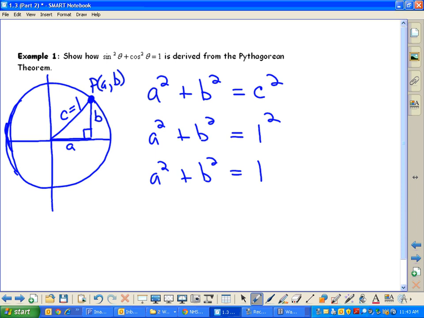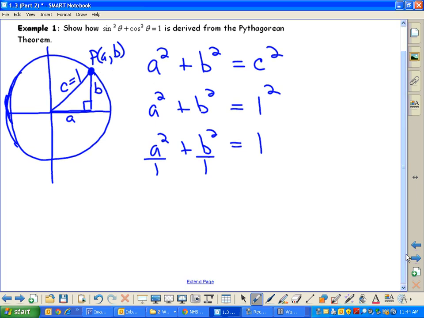Now, honestly, you could take any integer you want and put it over 1, right? So you could think of a squared as a squared over 1, and b squared as b squared over 1. What's interesting is that by the quotient property for exponents, I could rewrite this next line as a over 1 squared plus b over 1 squared, and it's still equal to 1.